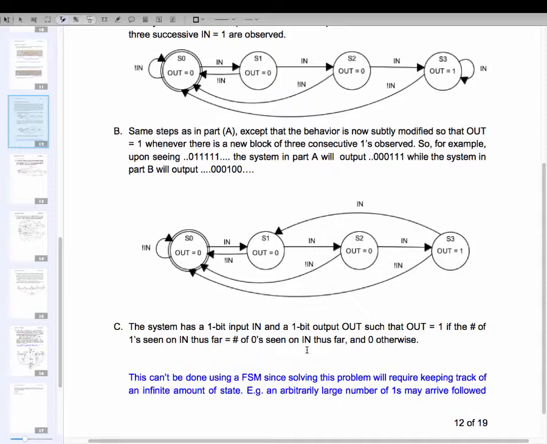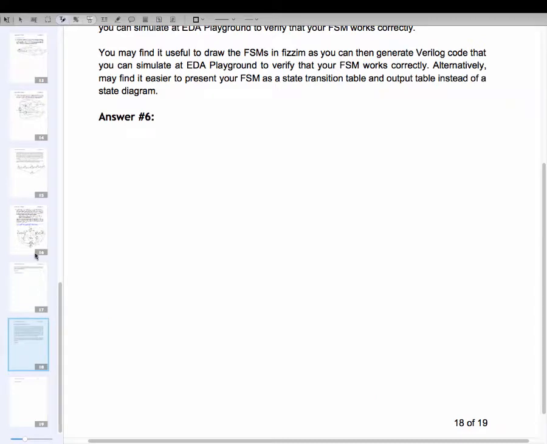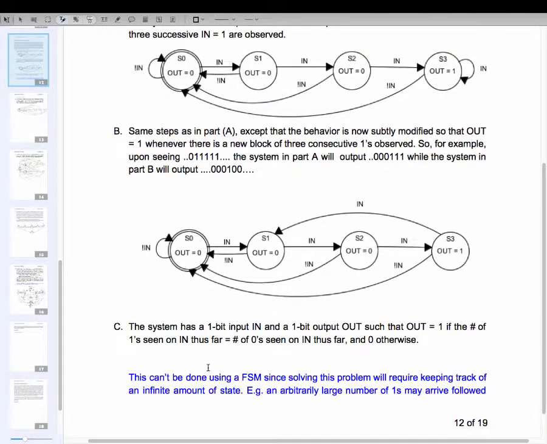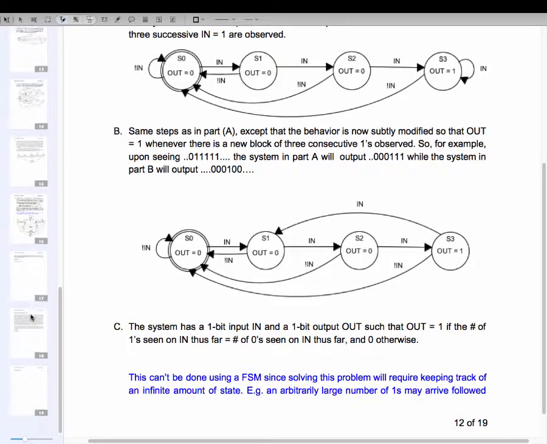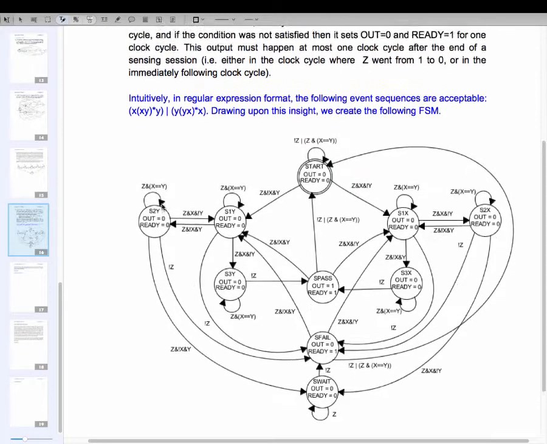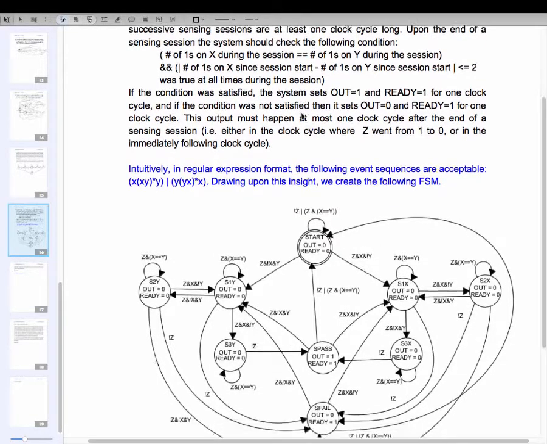A million ones may have arrived, followed by a million zeros, and then I have to output a 1. There is no bound on this thing. Going back out here, I recall on Piazza there were some questions around that time, where some students extrapolated that it is therefore not possible to do this problem, because one of the conditions is of that nature. My sensing session could be arbitrarily large, but that is not true.